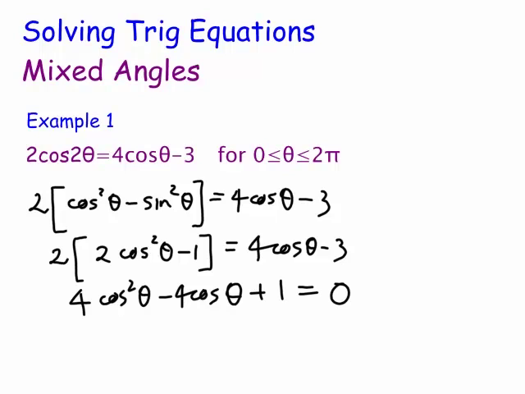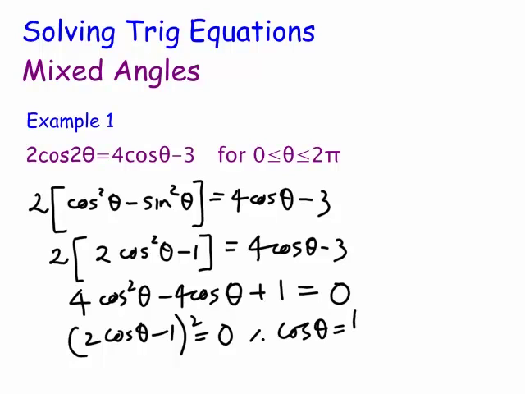Then I would try and factor that. If I couldn't, I could use the quadratic formula on it. But you might be able to see that that is just 2 cos theta minus 1 all squared. That's equal to 0. Therefore, you can see that 2 cos theta minus 1 would be 0. Therefore, cos theta would equal a half.